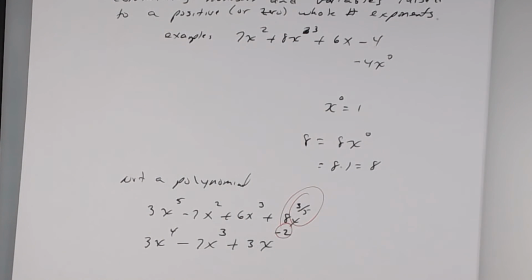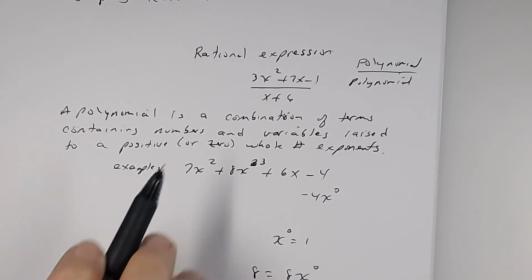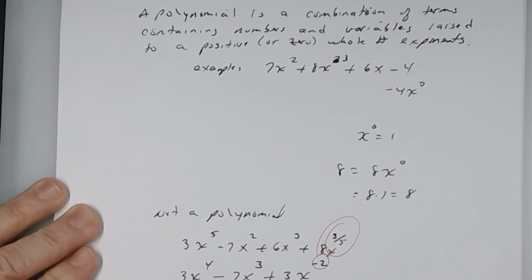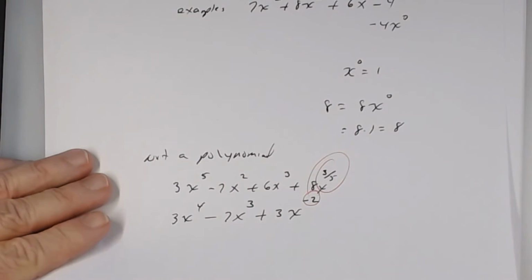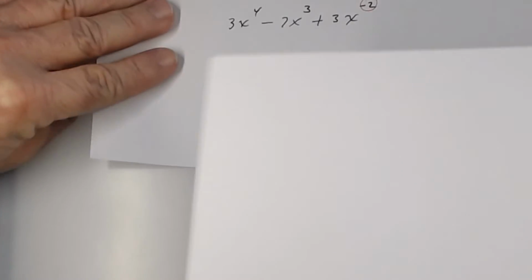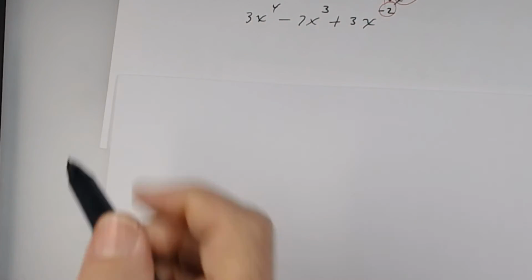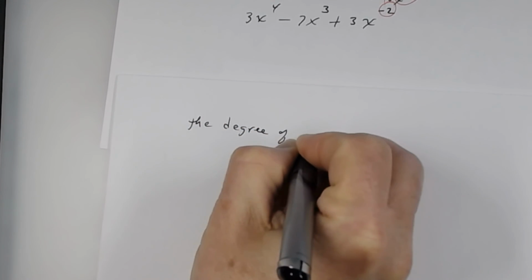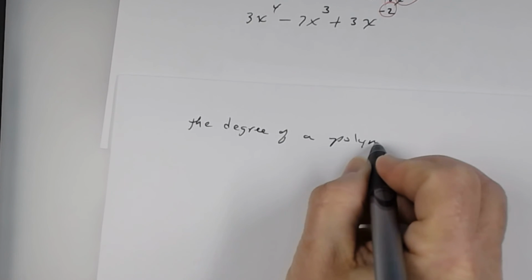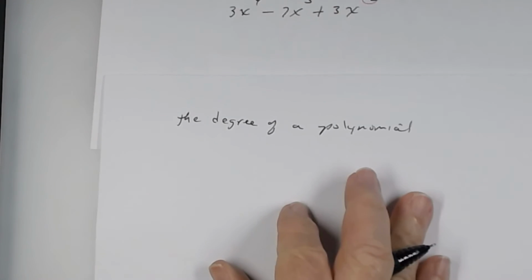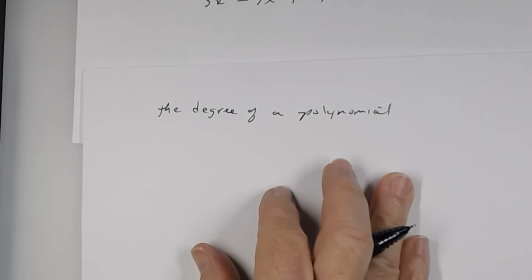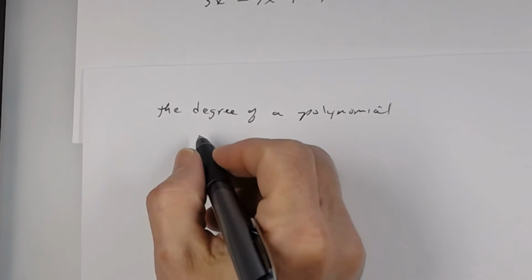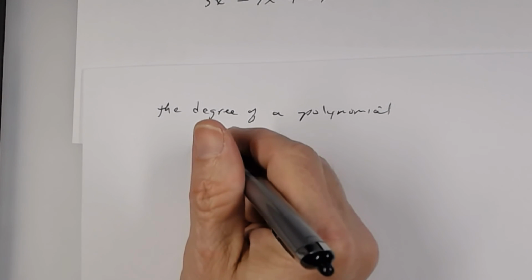Okay? Now, before we can continue talking about graphing rational functions, we need to talk about what we mean by the term degree. D-E-G-R-E-E. Okay, so let's talk about the degree of a polynomial. When we talk about the degree of a polynomial, you have to look at each term first.